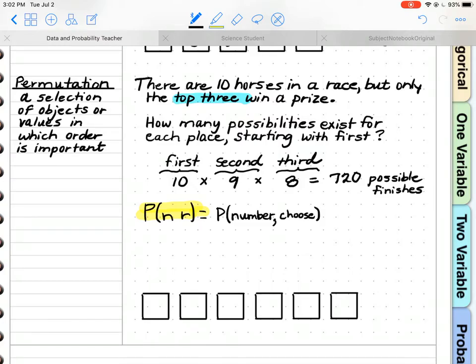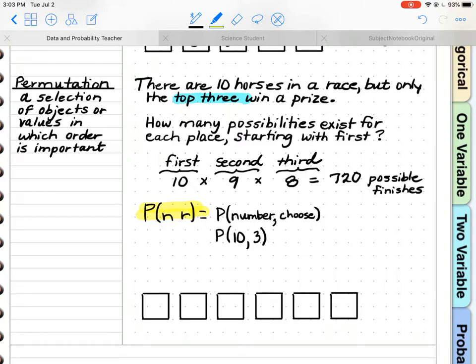So what we're saying is P, permutation of 10, and how many do we want to choose? 3. There are 10 horses, and we're choosing the top 3. All right? If you can get that set up, you can do this on your calculator, and that's why I'm going through all this.